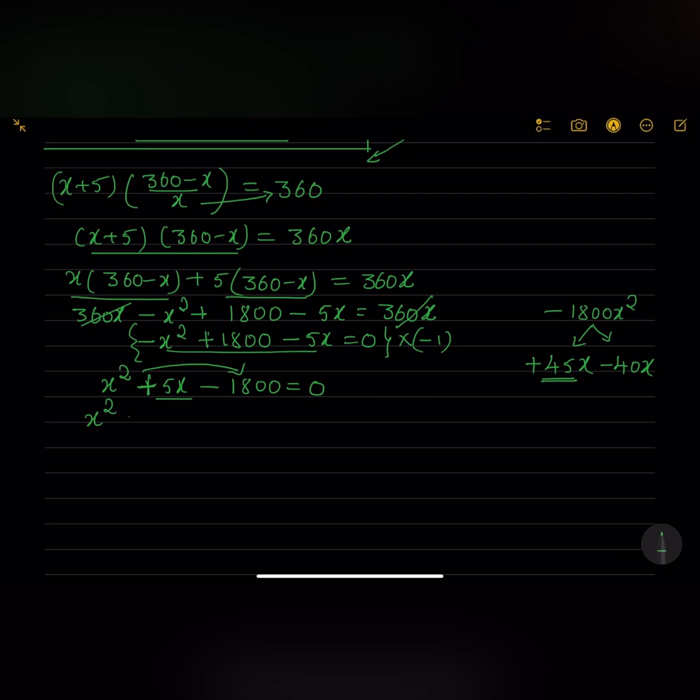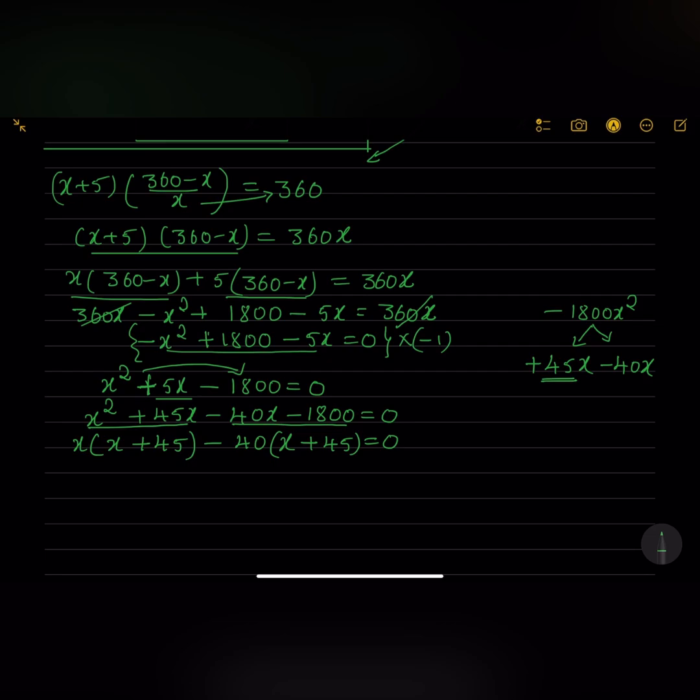Now x square plus 45x minus 40x minus 1800 equal to 0. Let us group the terms and take out the common factor: x into x plus 45 minus 40 into x plus 45, that is equal to 0.